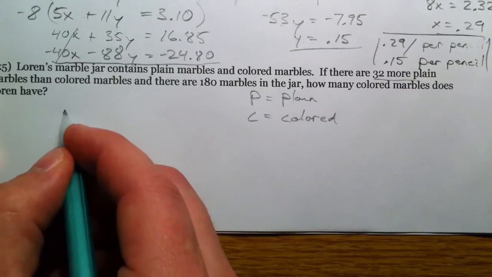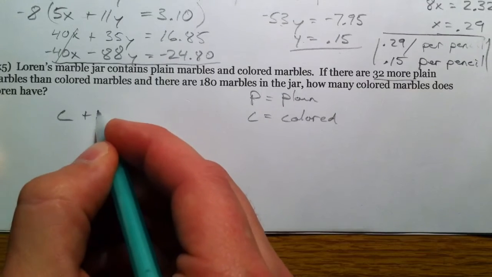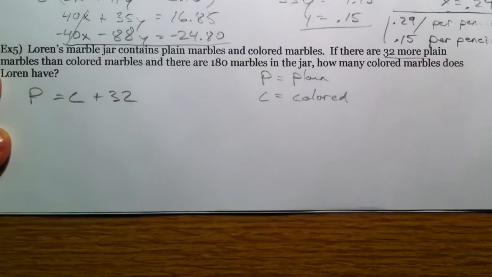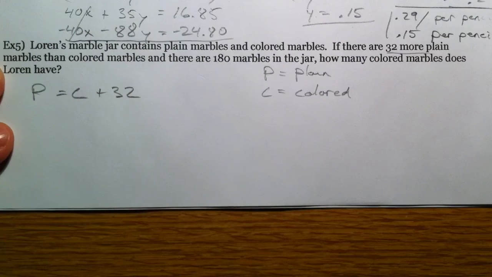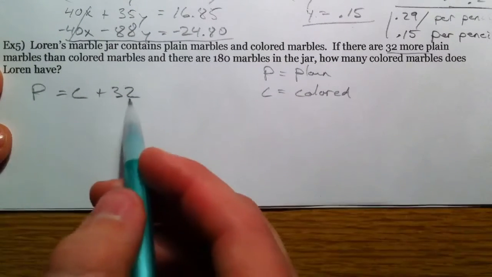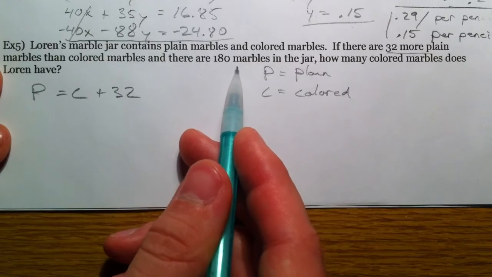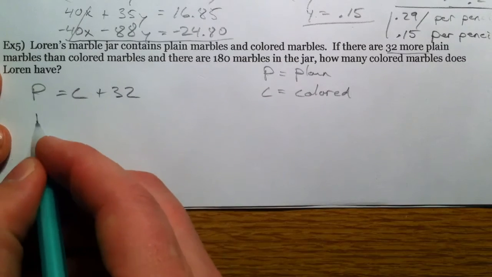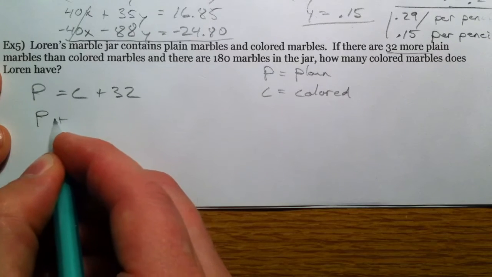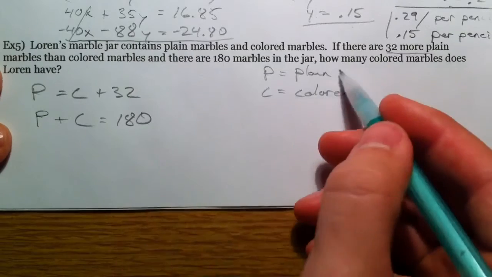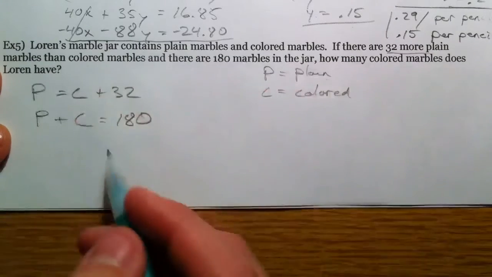So you have some amount of colored marbles, add 32 to that, and you get the amount of plain marbles, because we have 32 more plain. 180 total marbles in the jar. So the number of plain marbles plus the number of colored marbles equals 180. How many colored marbles does Loren have?